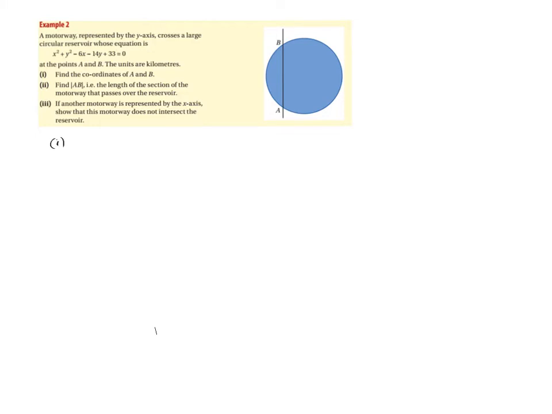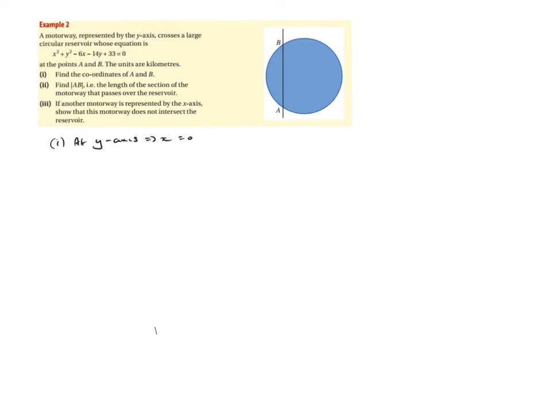We'll try and find those coordinates of A and B, and we know that it's the y-axis, and at the y-axis we know that the x value is equal to 0, because we've not gone across left or right. So that means that we can substitute in 0 into the equation here, and we should be able to then get these 2 values at which it crosses the circle.